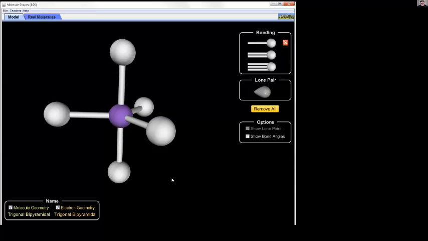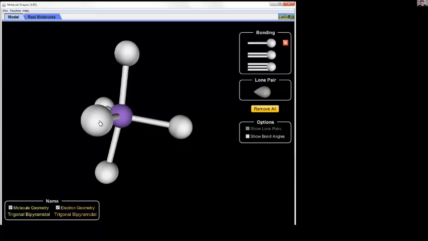So I have a linear relationship between these 2, my top and bottom ones in this case. And the 3 going around the middle have sort of a trigonal planar shape. So it's as if I've taken a trigonal planar shape and I've stuck one off the top and the bottom. These have fallen into this as being the easiest or the best way to get away from each other.